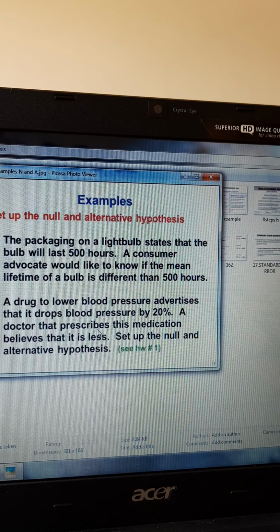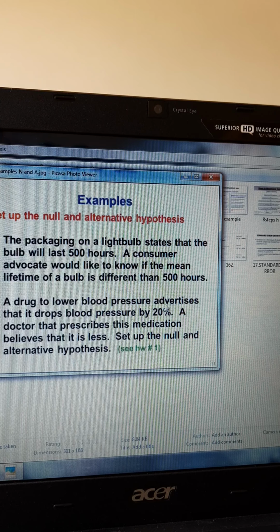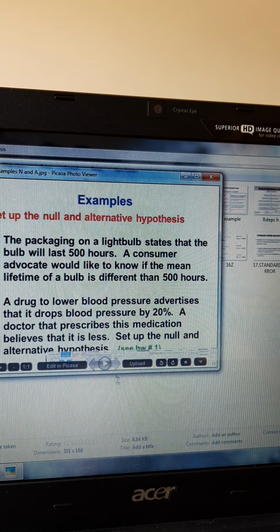The alternate hypothesis is there is a 20% drop. So this is directional, only one direction. It's not a two-tailed test, it's only a one-tailed test, because it says that there will be a 20% drop. That means it is negative. It's okay, a unidirectional hypothesis. Okay, an example for that.